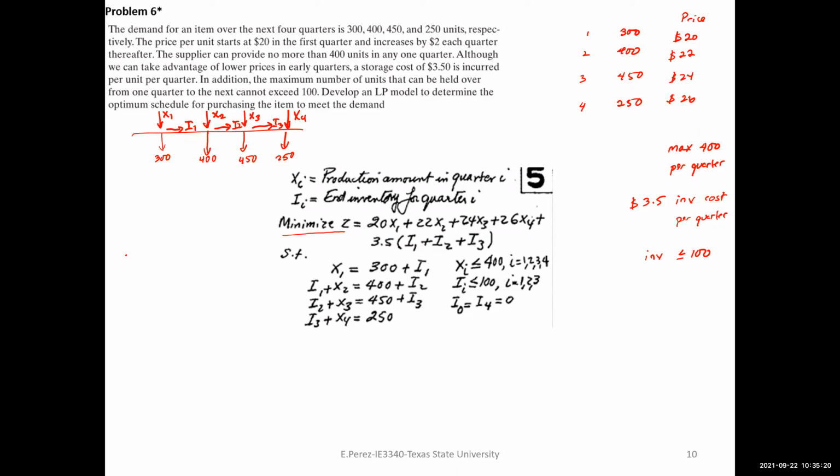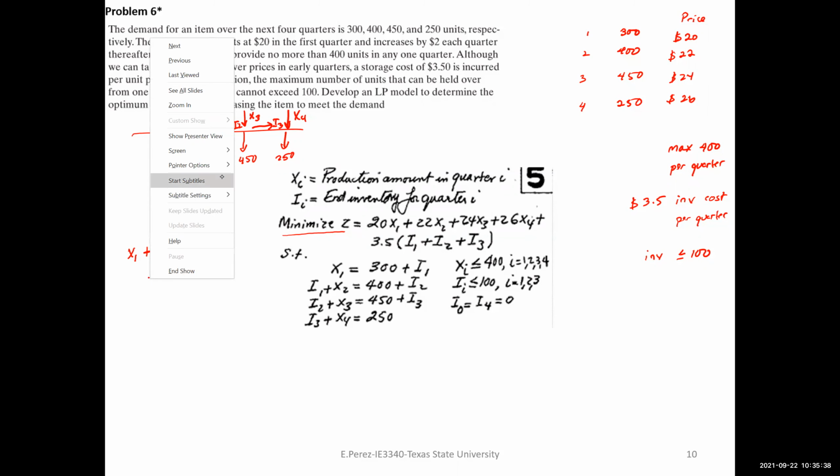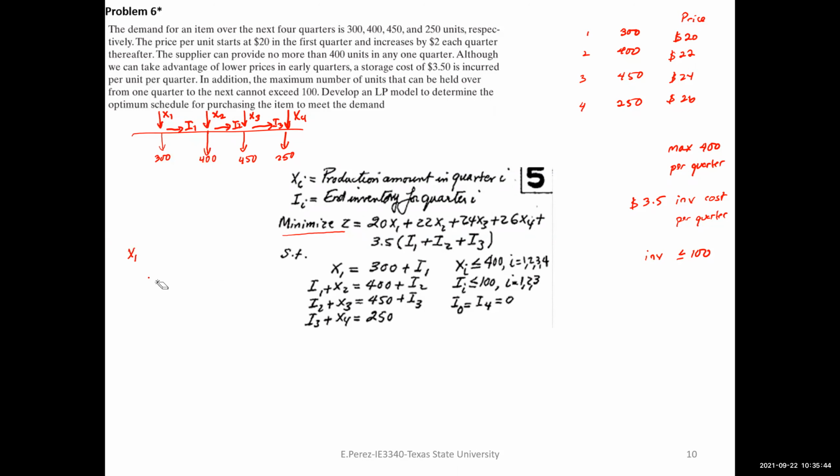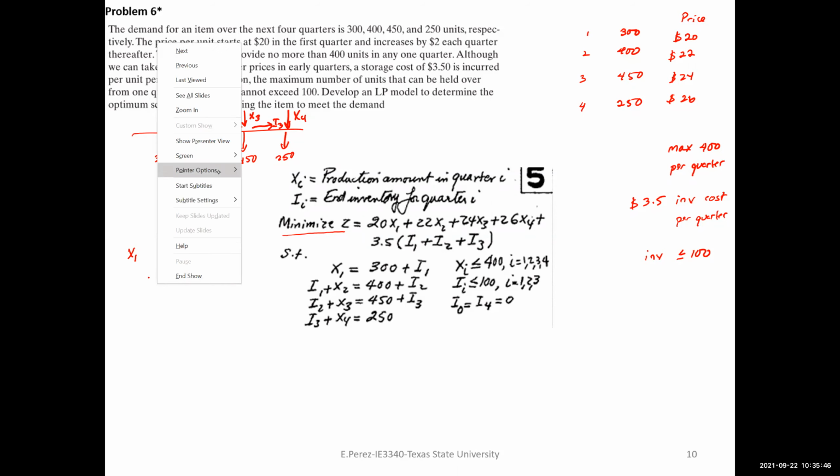So the first period, basically what it's saying is we have X1 minus the 300.